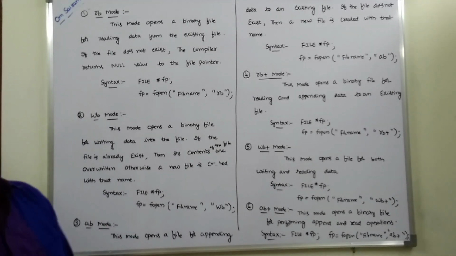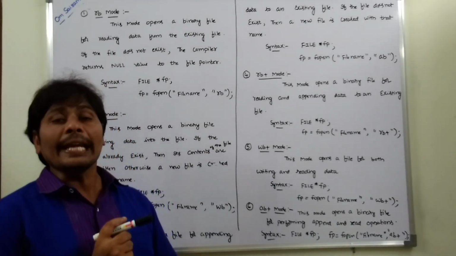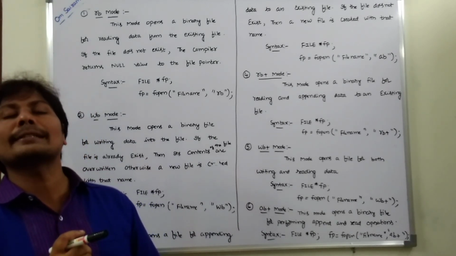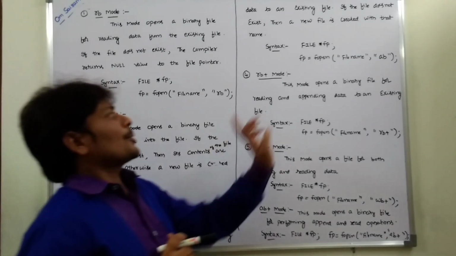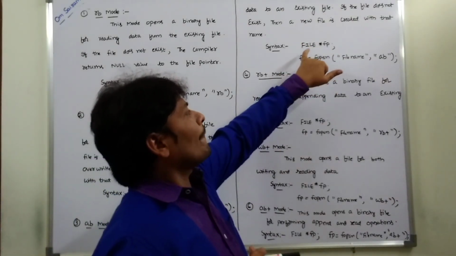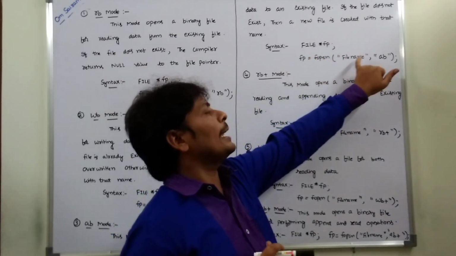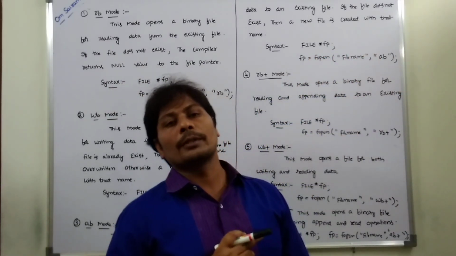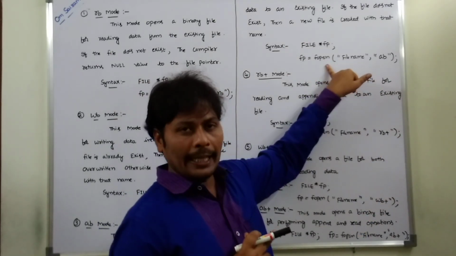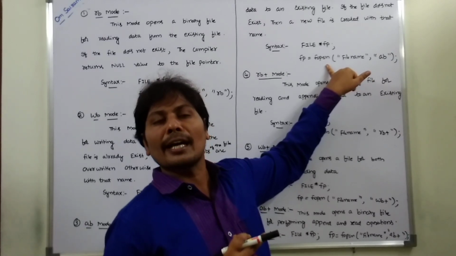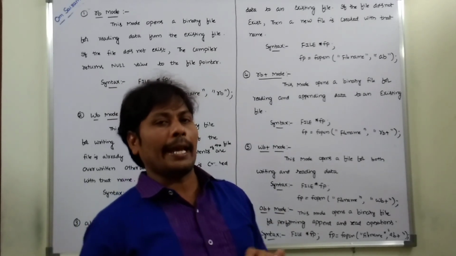Next mode, AB mode. This mode is used for appending or adding some data to the existing file. What is the syntax we have to use? File pointer fp, fp is equal to fopen file name comma ab mode. This mode is used for opening a file to add some data to the existing file if the file already exists.